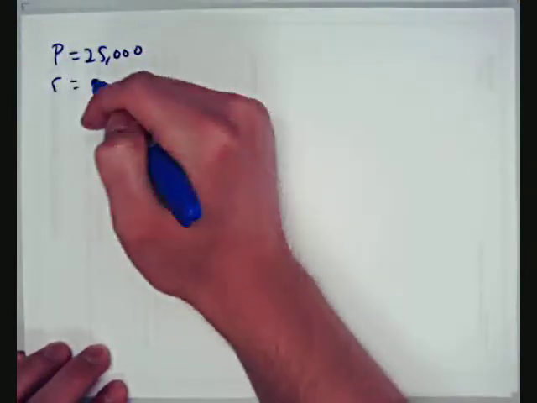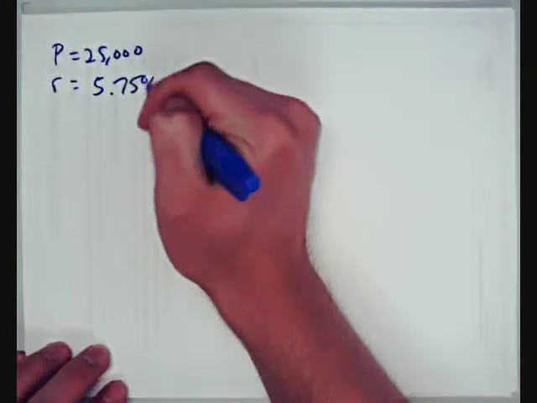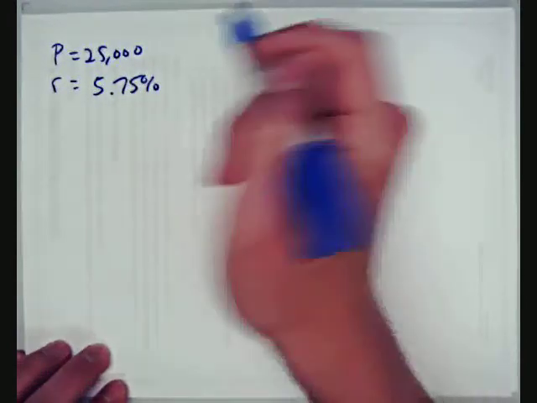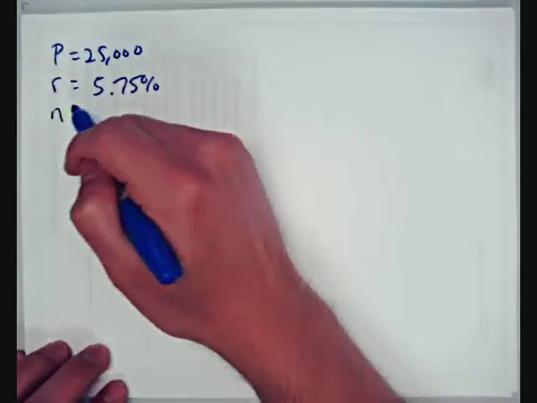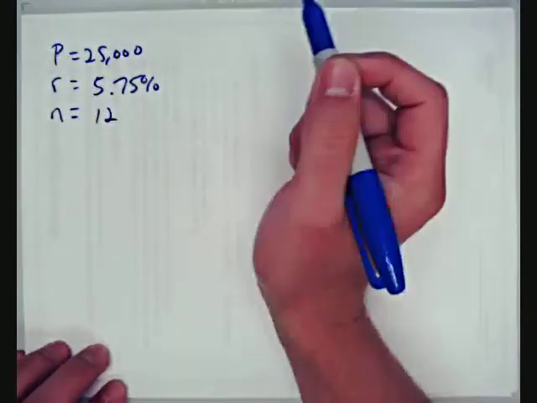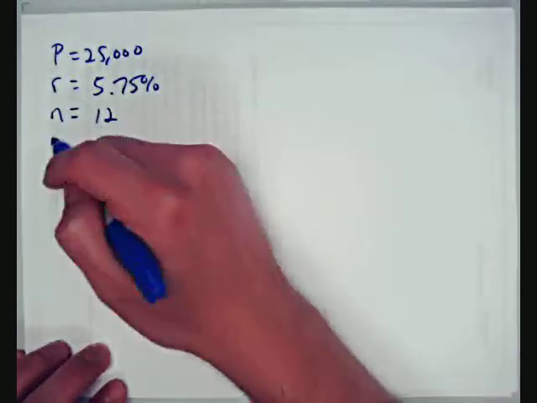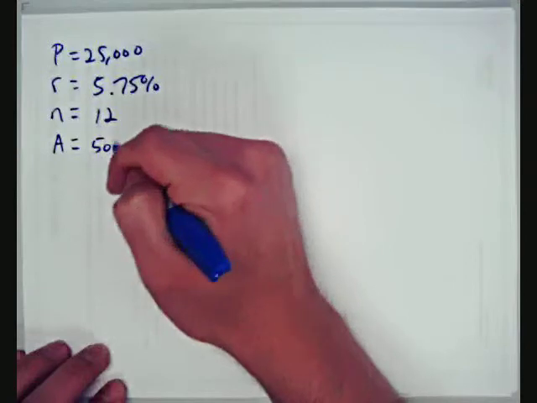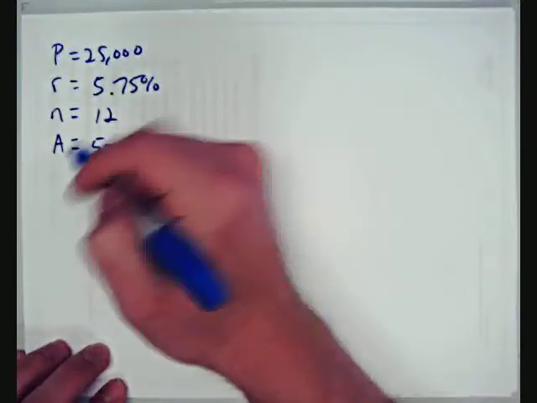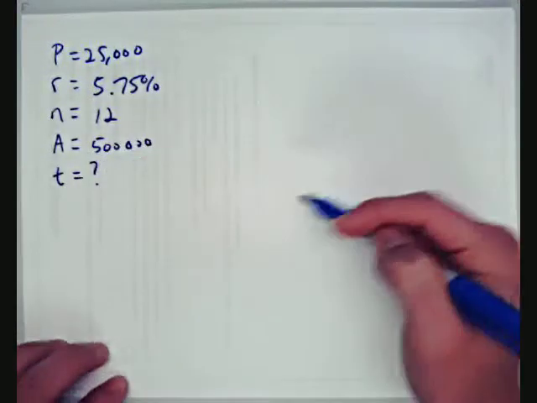We have an interest rate of 5.75%. It's compounded monthly, so n equals 12. We have a future amount of $500,000, and we want to know how long this will take.